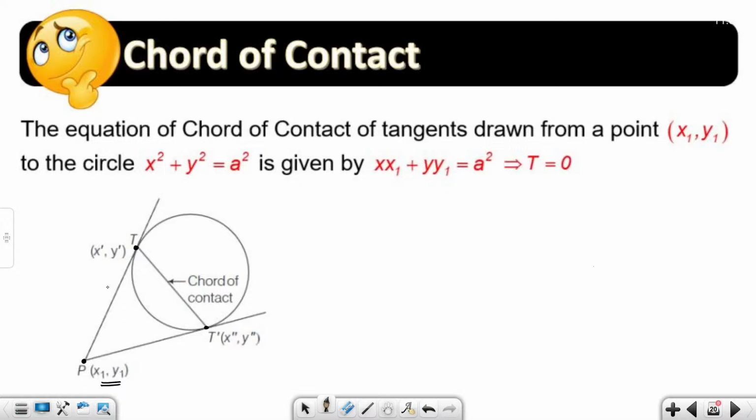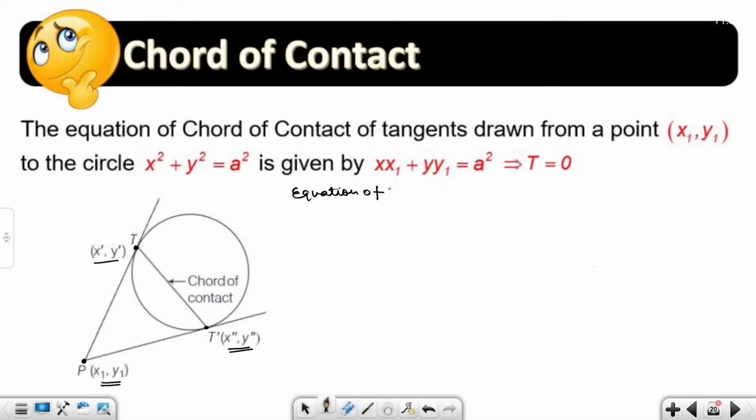For the time being, let us assume that the coordinates of T are (x dash, y dash) and those of T dash are (x double dash, y double dash). Our main target here is to find the equation of the chord of contact, right?